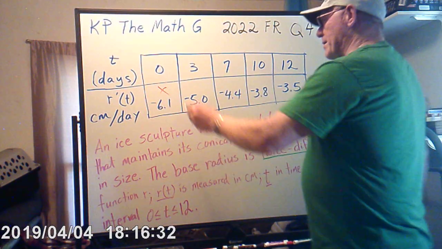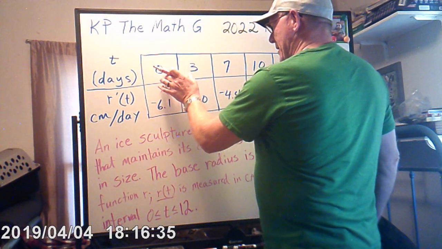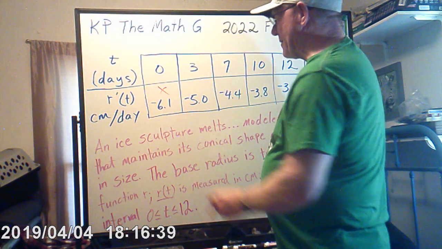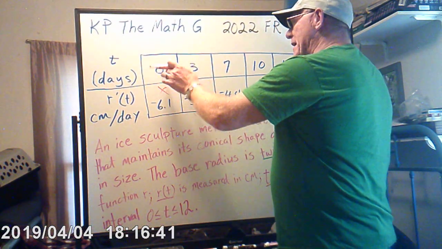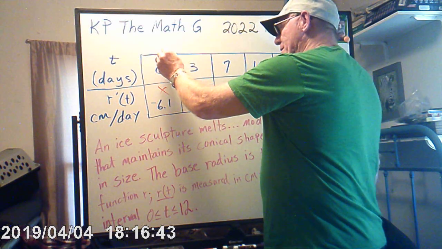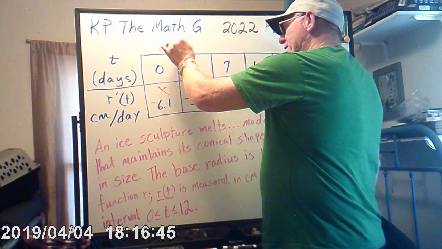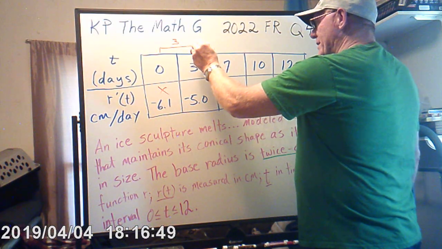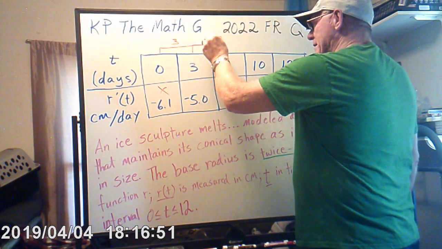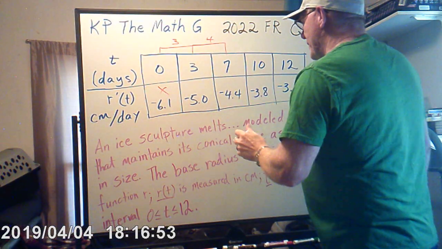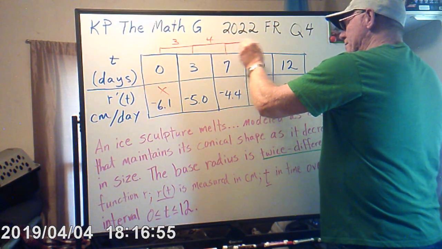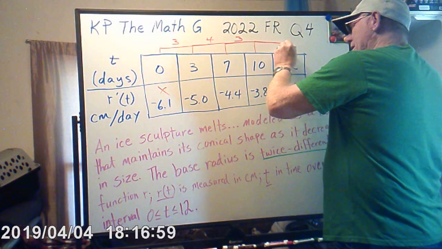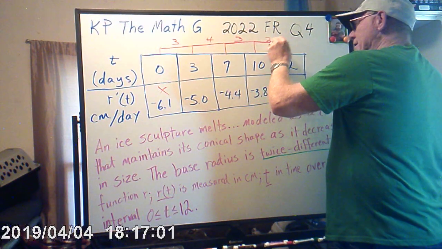And what you want to do is look up here and see what delta t is. Delta t is from 0 to 3, so that's 3 units. From 3 to 7 is 4 units. Alright, and then from 7 to 10 is back down to 3 units. And then from 10 to 12 is 2 units.